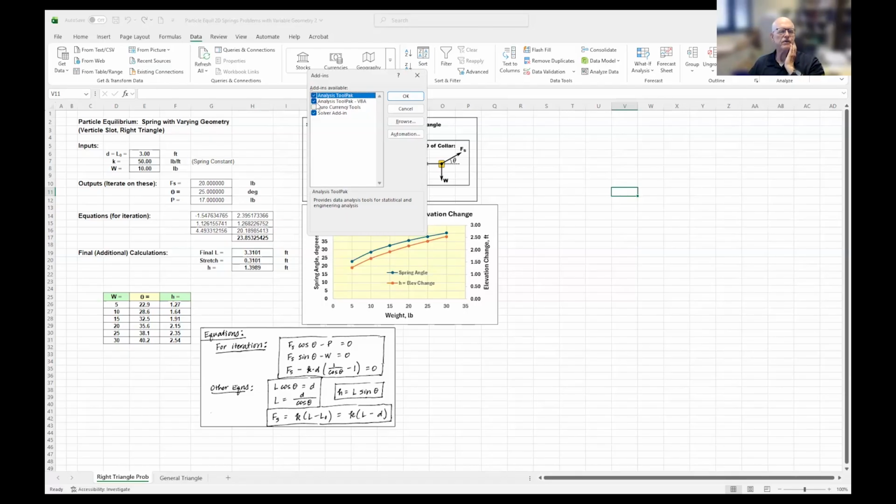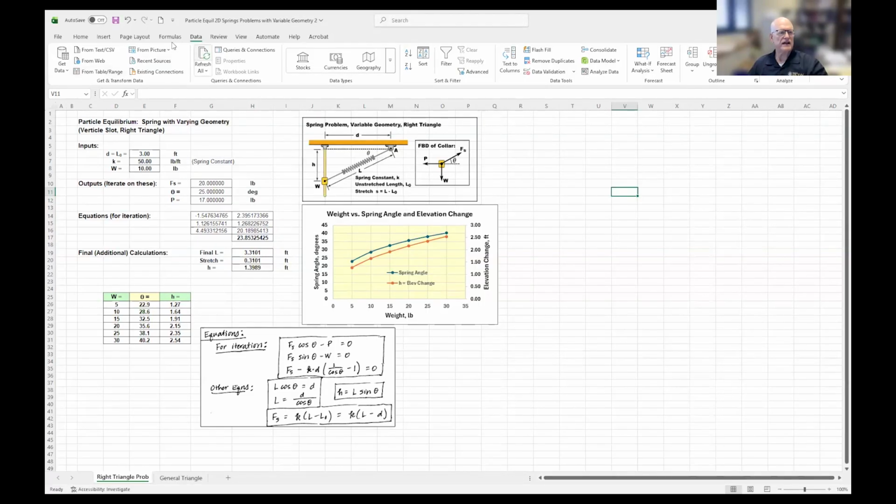I like to activate VBA as well for Visual Basic programming within Excel, but Solver needs to be checked. It usually is not checked by default, and so if you're on your computer or even on a computer in a computer lab at the university, Solver may or may not be checked. Be sure it's checked and say okay.